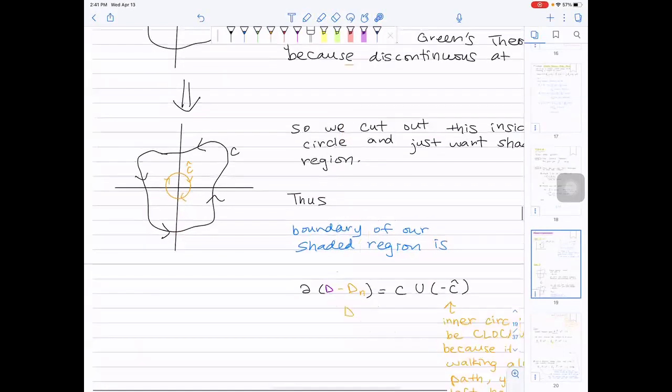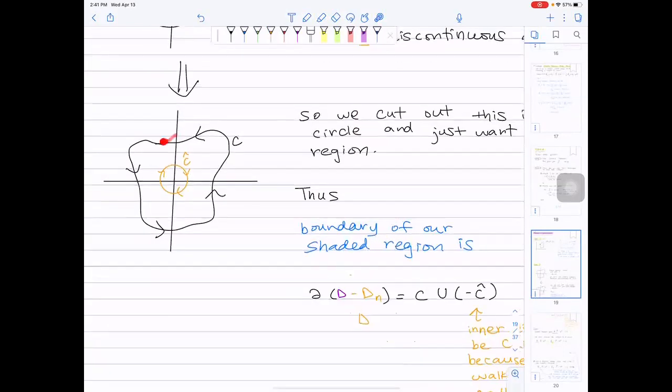So we see that our outer curve is going counterclockwise, but I drew my orange curve clockwise. This is because our region right now is this purple region. Imagine you're walking on this outer curve. If you go counterclockwise, your left arm is going to be in our shaded region.